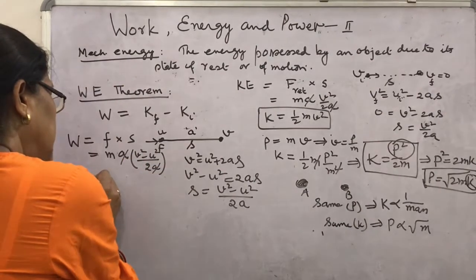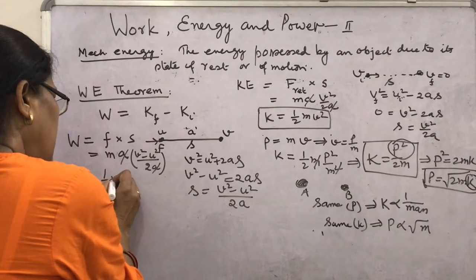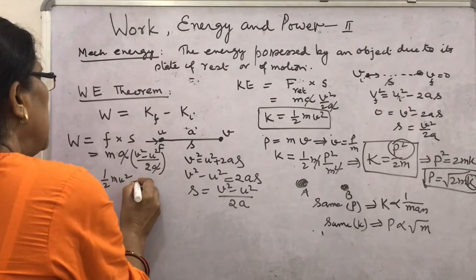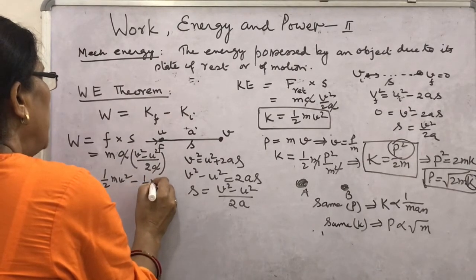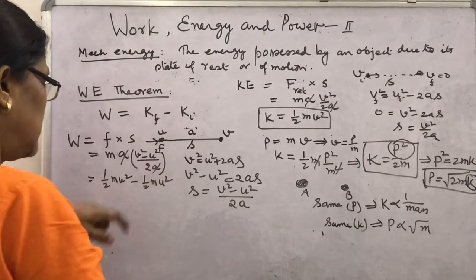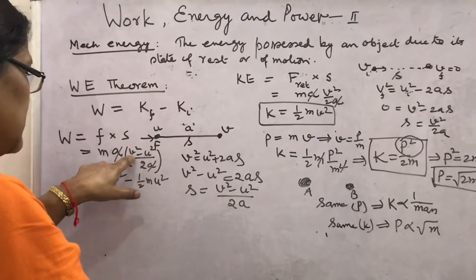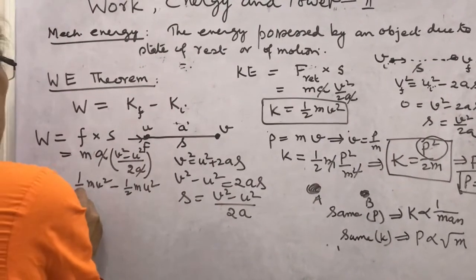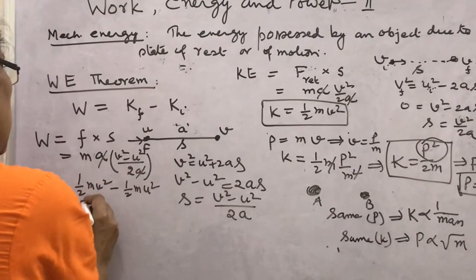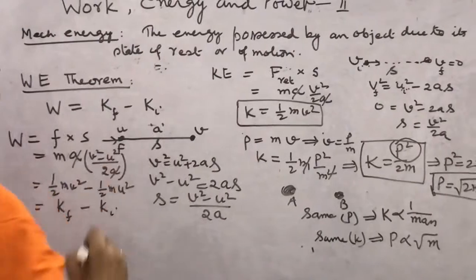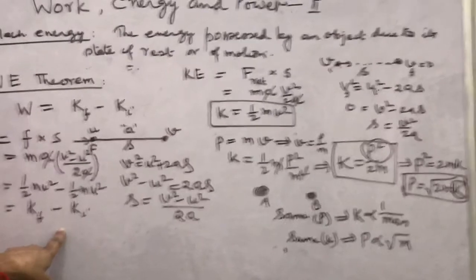What is here? This half m V square, open the bracket, minus half m U square. This half m by 2, that is half m, and this is V square minus U square. V is final velocity, that is kinetic energy in final position, minus kinetic energy in initial position.